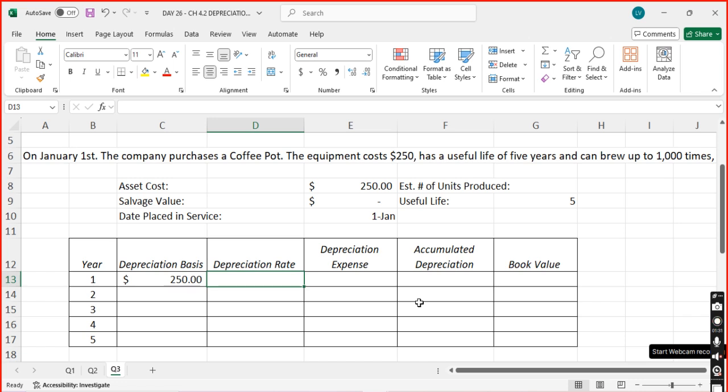What is the depreciation rate going to be? 0.4, right? 1 divided by 5 times 2 gives you 0.4.